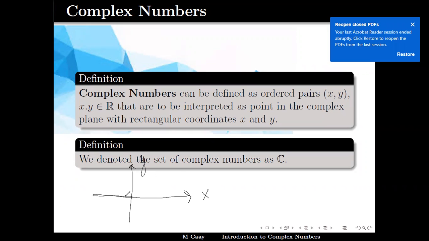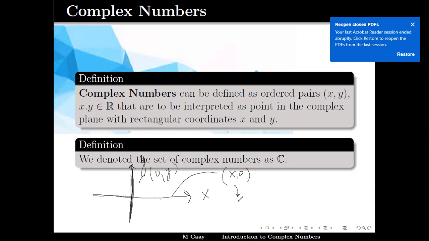If you notice, the points that you find on this horizontal axis are the points (x, 0), and the points that you will find on this axis here are (0, y). Now this (x, 0) will only tell us that the second ordinate is 0, so that means there's no value for y.